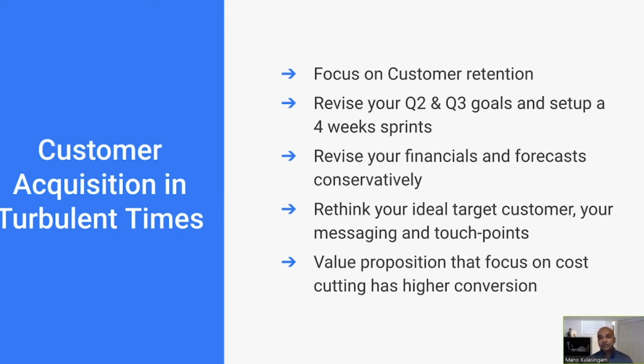So set up 4 to maybe 6 week sprints, and just focus on that sprint, and then figure out what you need to adjust and revise as you go. There's a lot of uncertainty, and it's hard to plan that far in advance, so you're going to have to make some changes as you go. Working in that manner is going to help you.